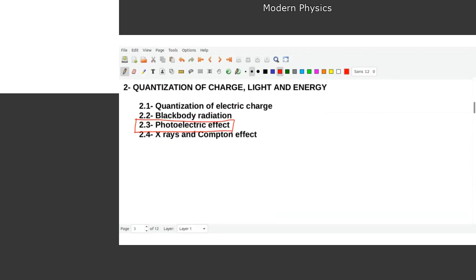When we studied the black body radiation, we saw that the classical explanation of a very simple, apparently simple phenomenon, which was the emission of light by heated materials, had a behavior as a function of the wavelength that couldn't be explained with classical physics.